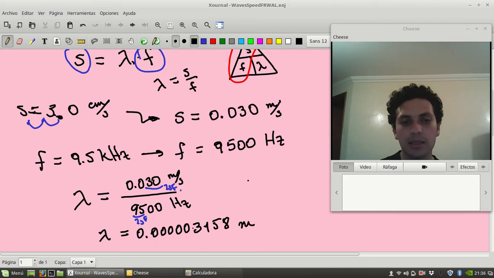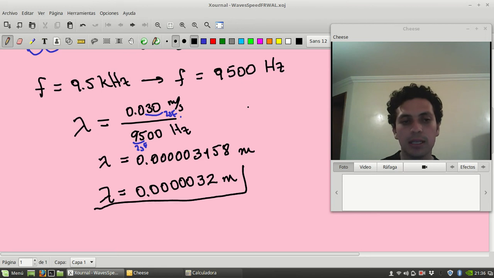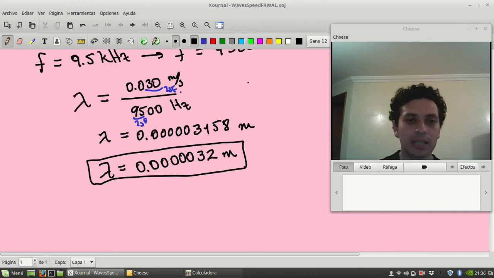It means that the wavelength is going to be 0.0000032 meters.